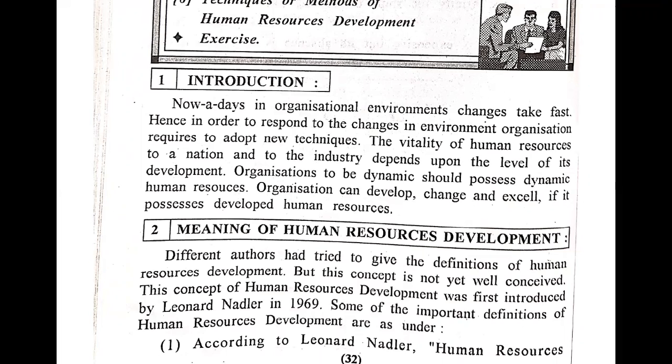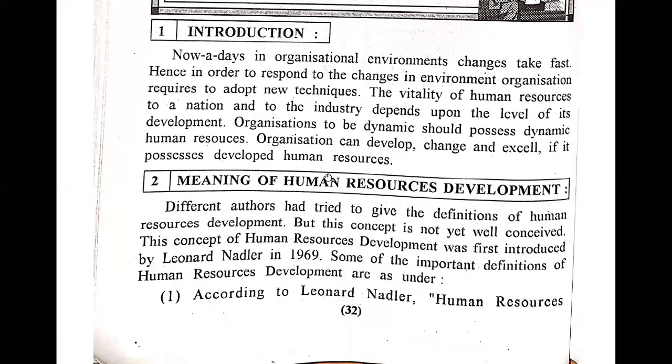It must have dynamic human resources, because if the employees of the organization are fully trained and properly developed, then the work they do in the organization will also be dynamic. So if an organization wants to be dynamic in the market, it must have developed human resources. An organization needs to give proper training to its human resources to be a dynamic organization.